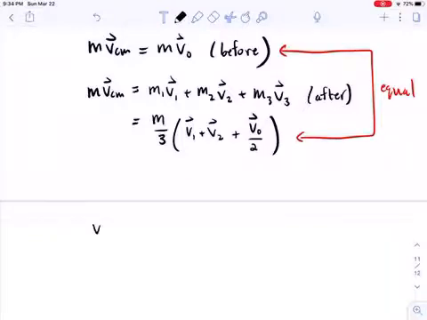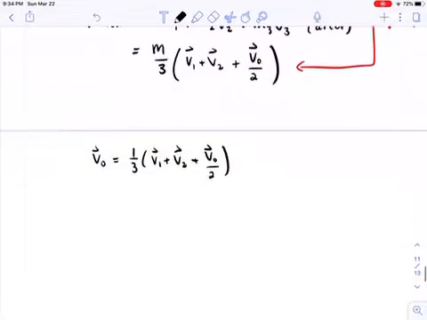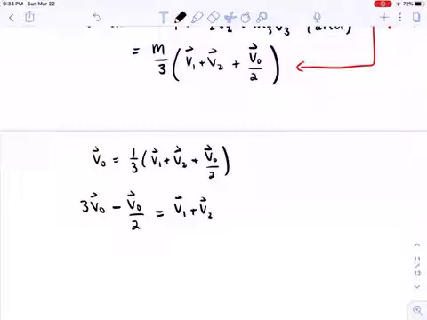And what we must have, therefore, is v0 is equal to 1/3 (v1 plus v2 plus v0 over 2), or 3v0 minus v0 over 2 must be equal to v1 plus v2. 3v0 we could also write as 6v0 over 2.